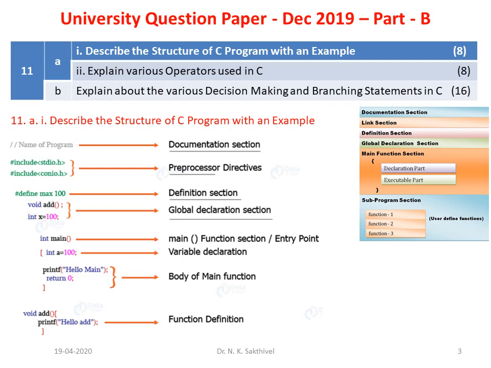It is followed by the global declaration section. What functions you are going to use and what variables you are going to use, those variables become global variables. The global declaration can be used here, before the main function. So that is 4 parts: the documentation section, preprocessor directives, definition section, and global declaration section.